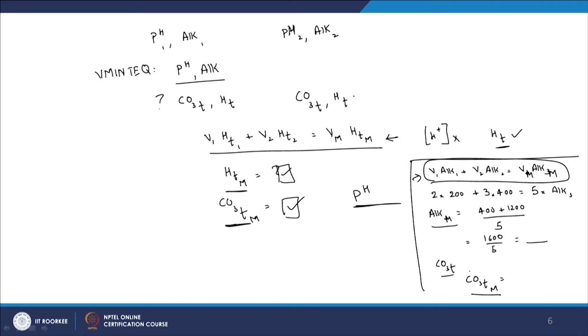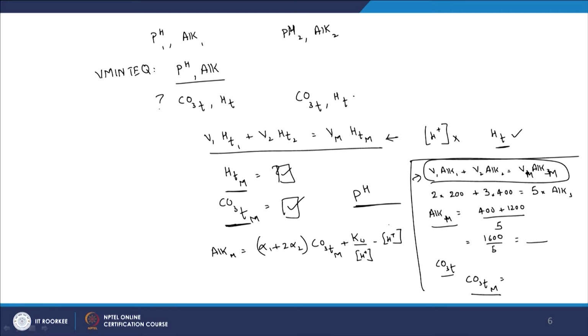And how do I proceed further? As we looked at earlier, the alkalinity of the mixture is going to be equal to alpha 1 plus 2 times alpha 2 into CO3 total of the mixture plus Kw by H plus minus the concentration of H plus.